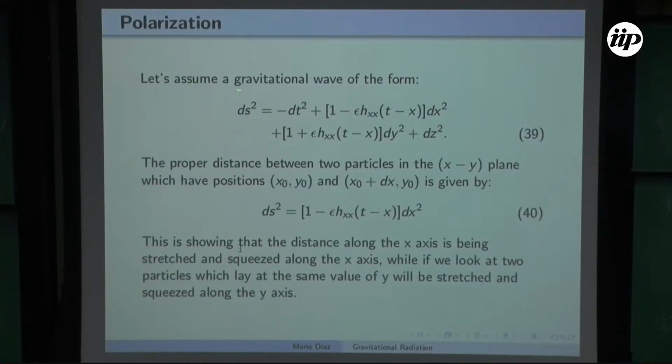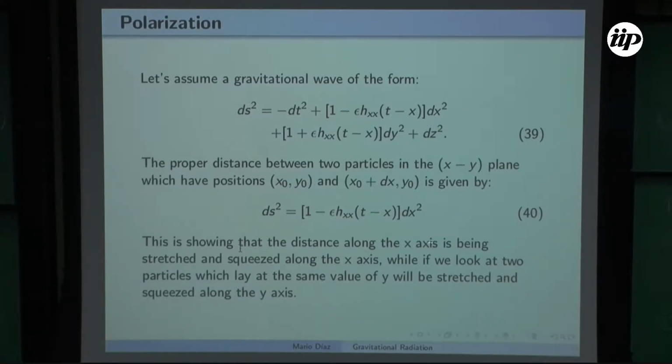And now, if we assume a gravitational wave of this form, one is the term that comes from Minkowski, the one here, but these are the two relevant physical parameters of the wave that we obtain in the TT gauge. So the proper distance between the particles in the xy plane that have positions x0, y0, and x0 plus dx, y0 is going to be given by this.